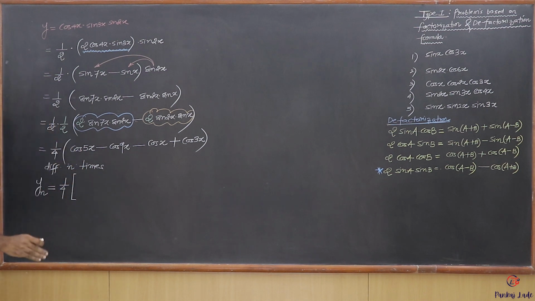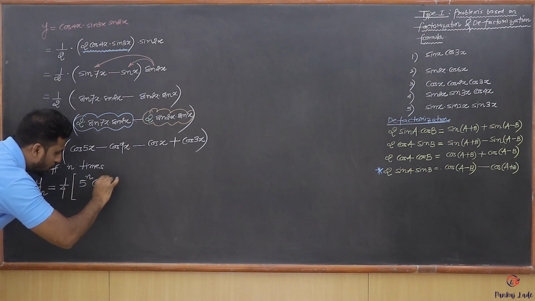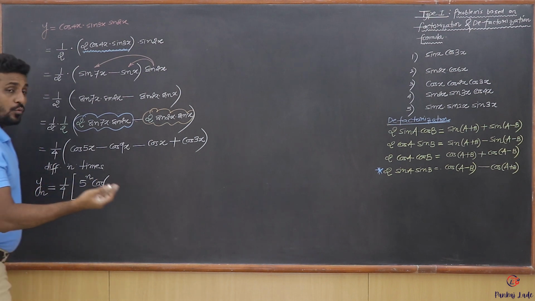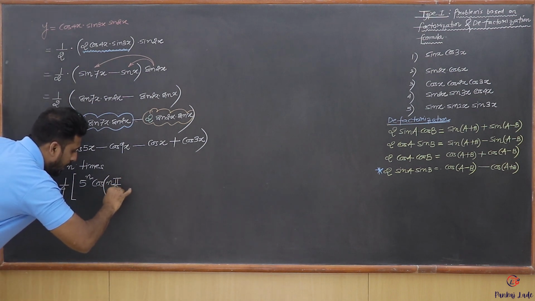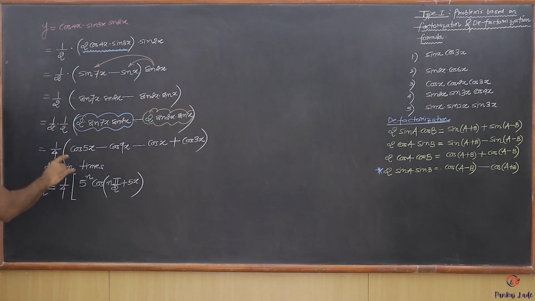I know that the nth derivative is a raised to n, so I write here 5 raised to n cos(ax plus b plus n pi by 2), or you write n pi by 2 plus ax plus b, one and the same thing. So I write here cos(n pi by 2 plus 5x), that's the nth derivative of the first term.